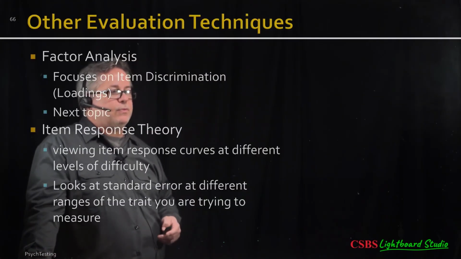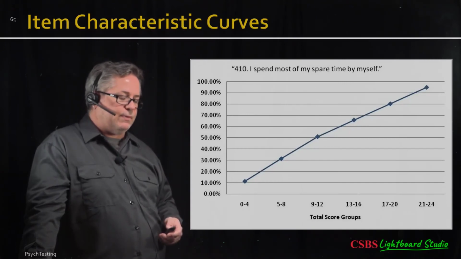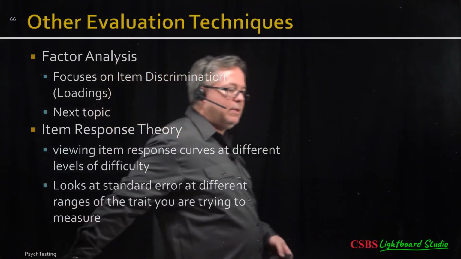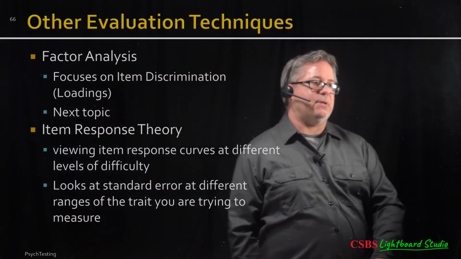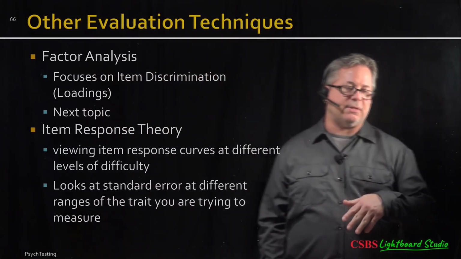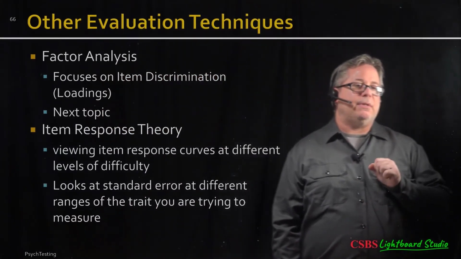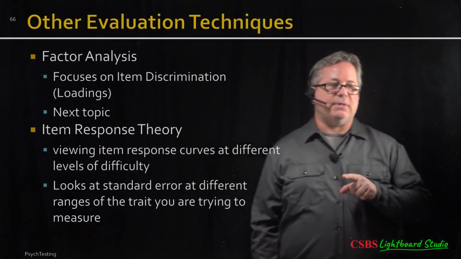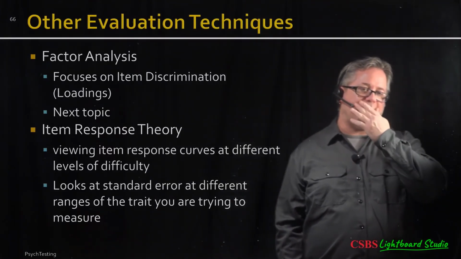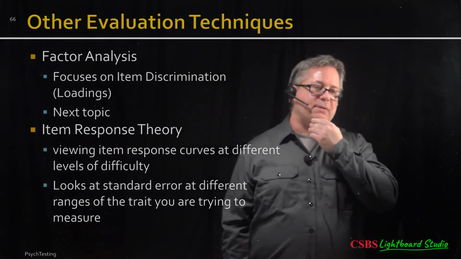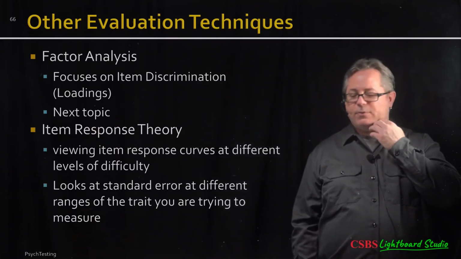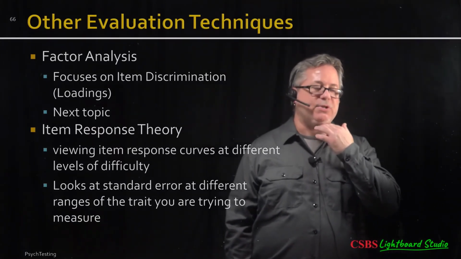Anyway, so that's just looking at some of the stuff across the different items, and looking at it sort of graphically. You got factor analysis, which we're going to talk about next. I'm not going to spend a lot of time right now. It's the next topic. The weird part about factor analysis is these are sort of other ways of evaluating items. The weird thing about factor analysis is that it focuses solely on item discrimination.